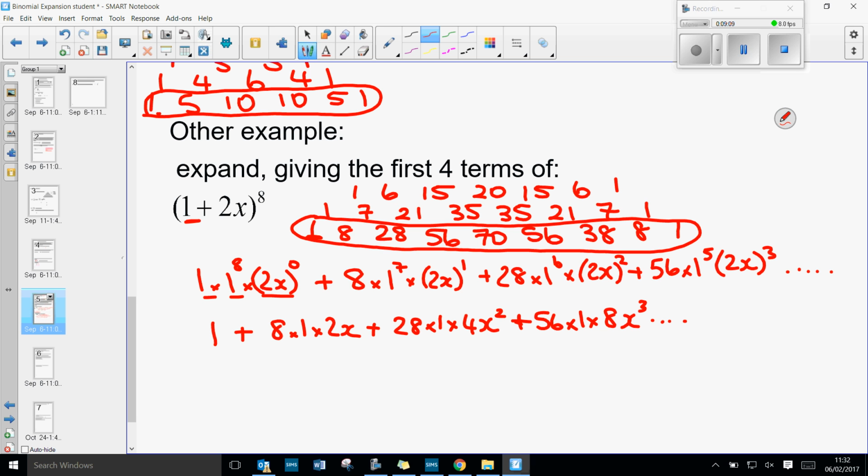That gives us 1 plus 16x plus 112x squared plus, oh gosh, 448x cubed. Hopefully they are all correct.